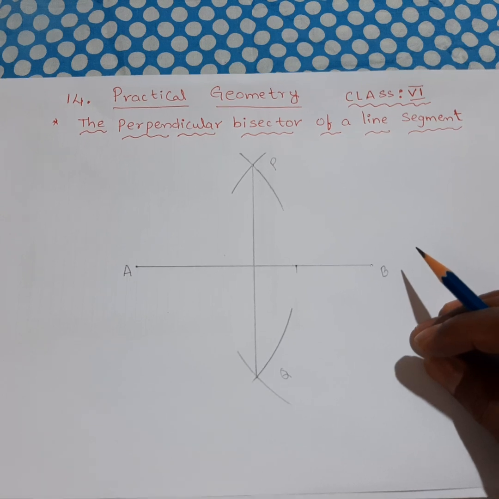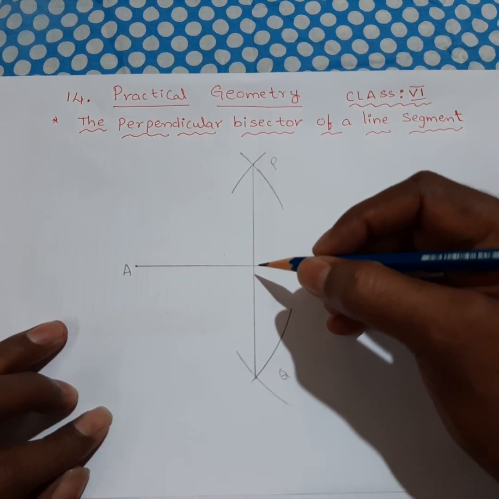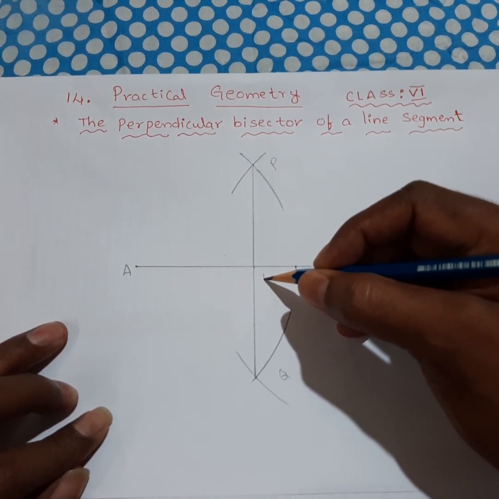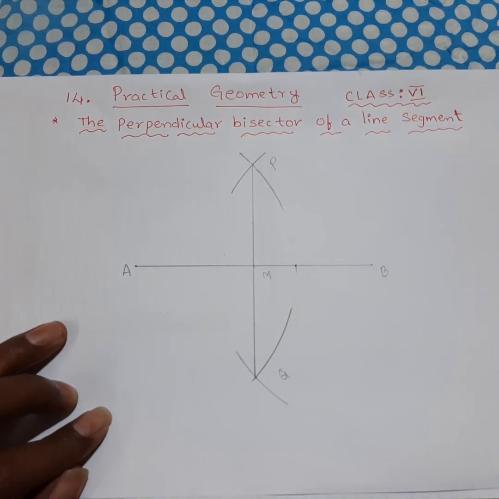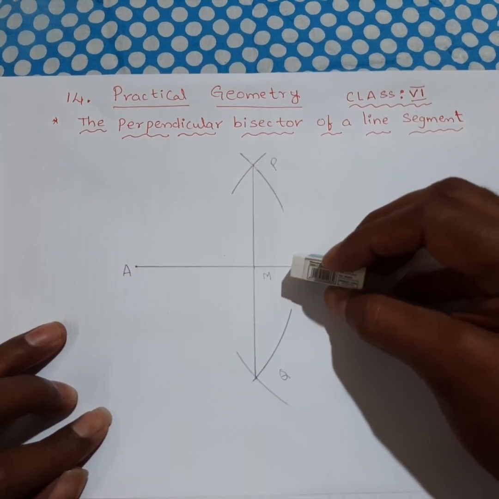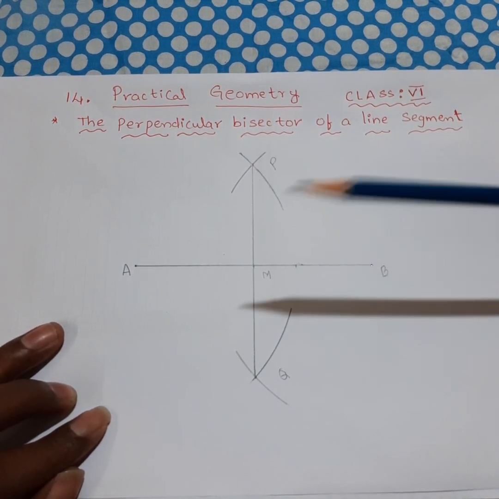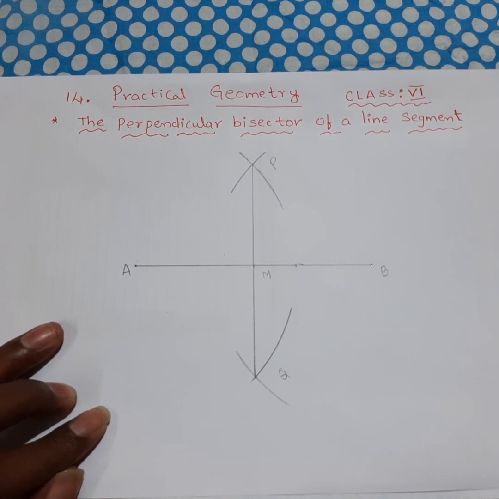So now here PQ will intersect AB at one point. Let us call that point M. Is this clear, children? So the length of AM and MB, A to M and M to B, are equal in length.